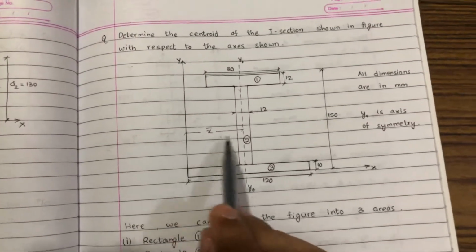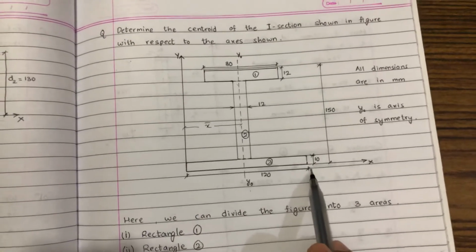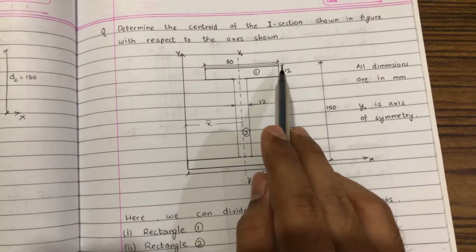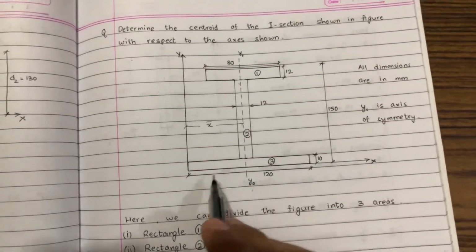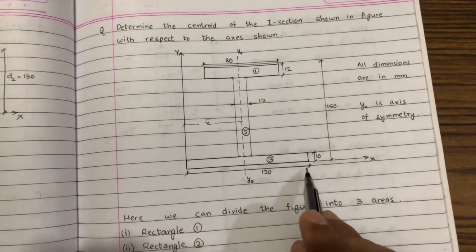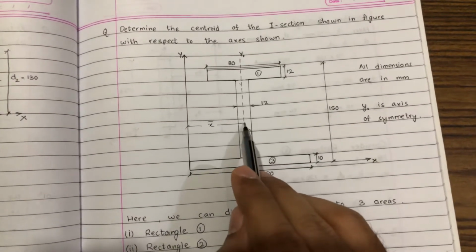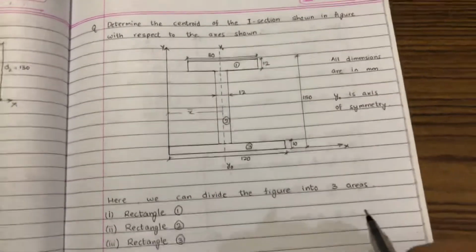How much would be the value of x bar? It would be 120. This is 120 minus 80. Or x bar we can calculate as 120 divided by 2. It will be somewhere over here. That would be 60 mm. X bar should come out to be 60 mm.